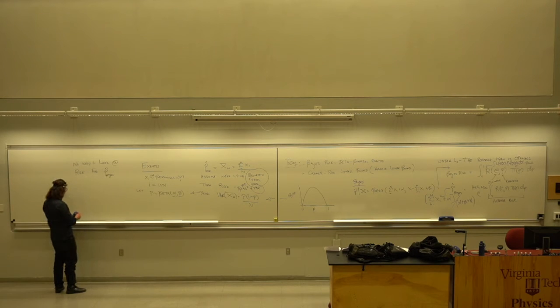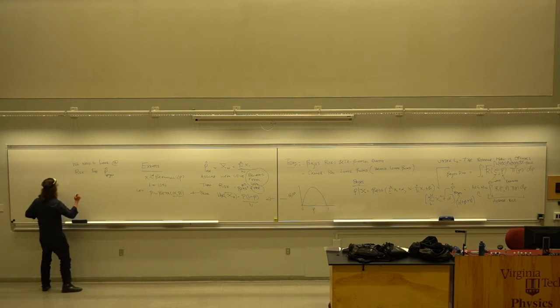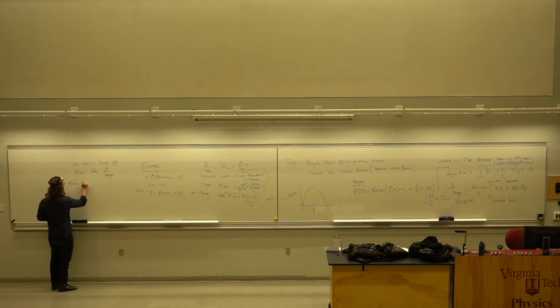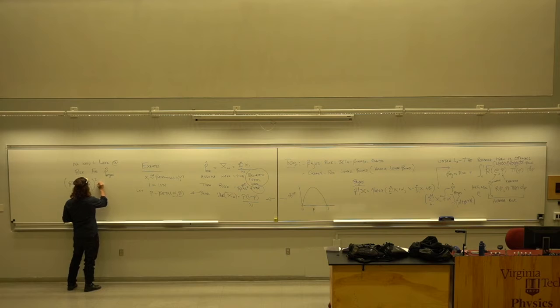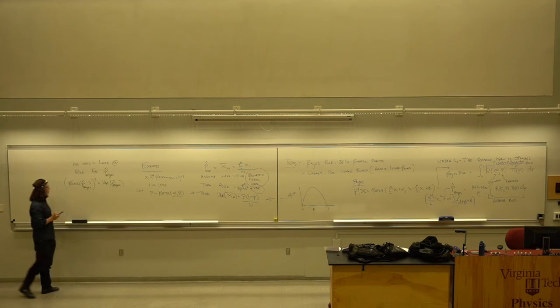So we need to look at this risk function. That's just going to be the bias squared for p hat Bayes, plus the variance for p hat Bayes. There's a little bit of work to do.